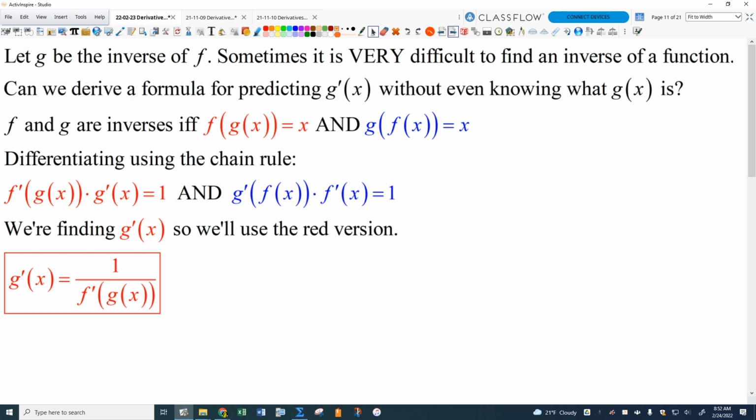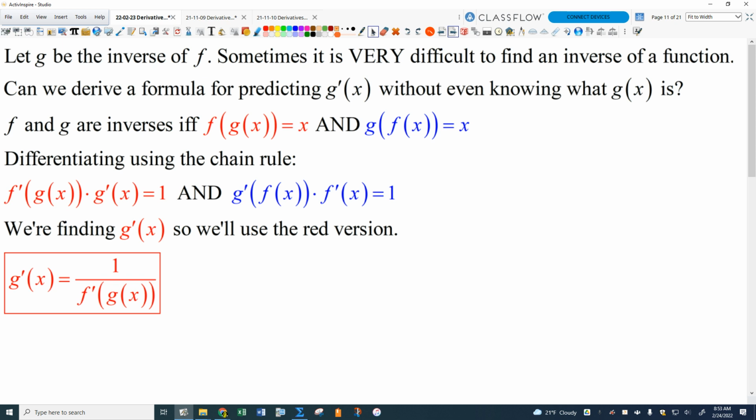So f and g are inverses if and only if f of g of x equals x. And think what that means. Inverses should cancel each other, right? So the f cancels the g and just leaves us with an x. And g of f of x equals x. So in both cases, if I take f of g or g of f, they will cancel, and I'm just left with what's inside, which is an x.